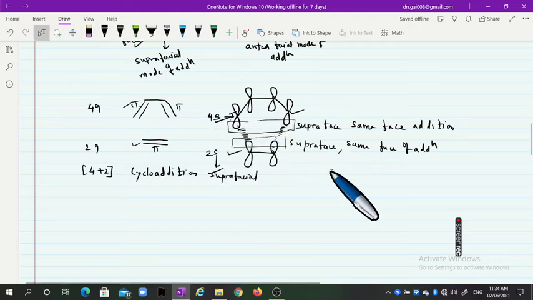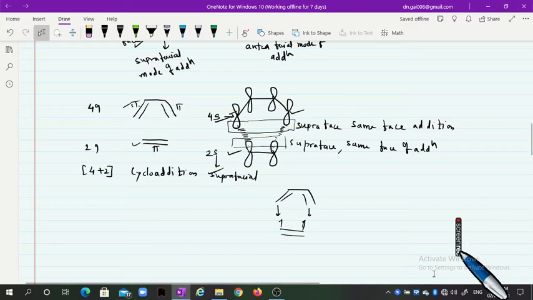Okay, this way we can also represent the reaction like that. First is added to the second. Both lobes are from the bottom, we can show it like that. And in this ethylene molecule, both lobes are on the same side, so we can show it like that. Both are on the same side, first and second. This arrow is below.